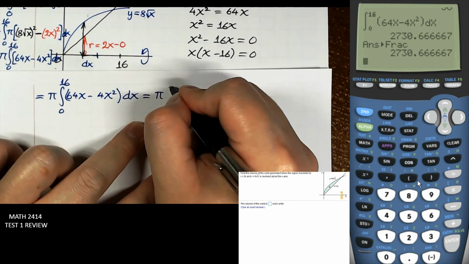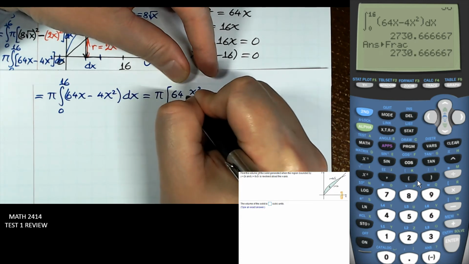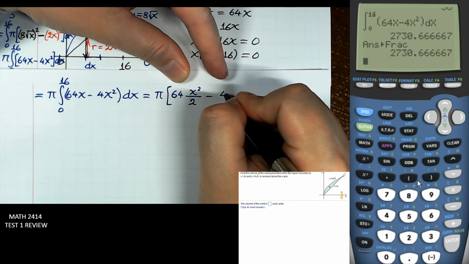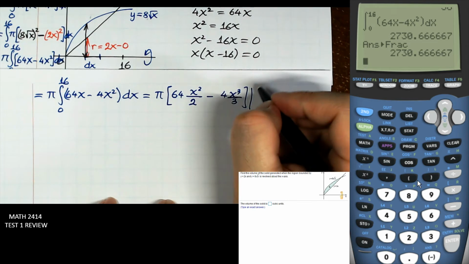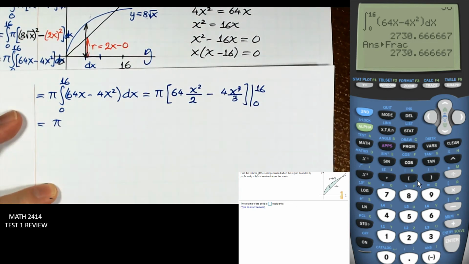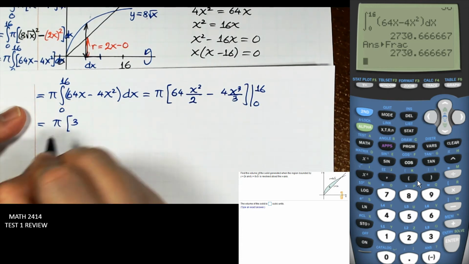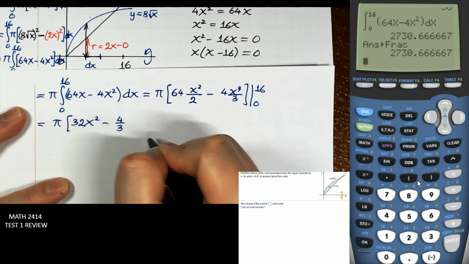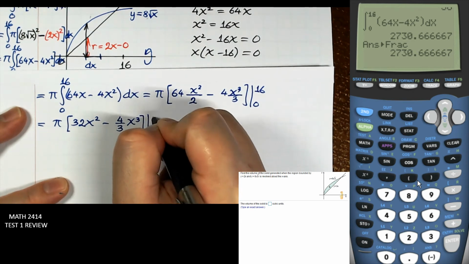Right, the integral of 64x is 64x squared over 2, and the integral of 4x squared is 4x cubed over 3, from 0 to 16. So that gives us 32x squared minus 4 over 3 x cubed, 0 to 16.